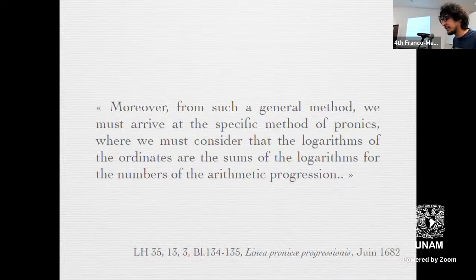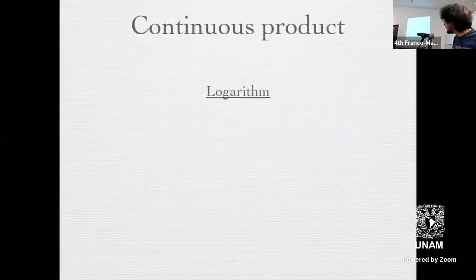is in the draft on pronic curves. Moreover, from such a general method, we must arrive at the specific method of pronics, where we must consider that the logarithms of the ordinates are the sum of the logarithms of the numbers of the arithmetic progression. So he will use the logarithm to transform products into sums.